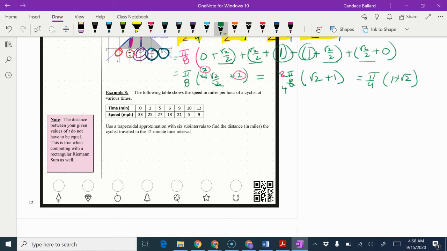Okay. So I am going to set up for 6 trapezoids. And I'm going to use my more traditional divide everything by 2. And then I'm setting up the heights.